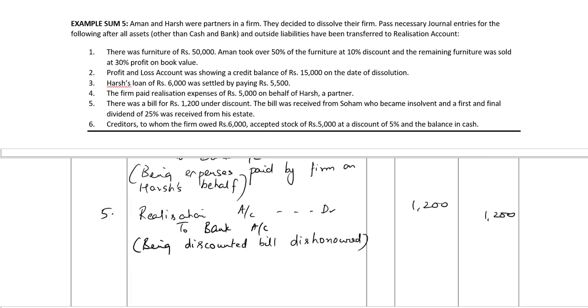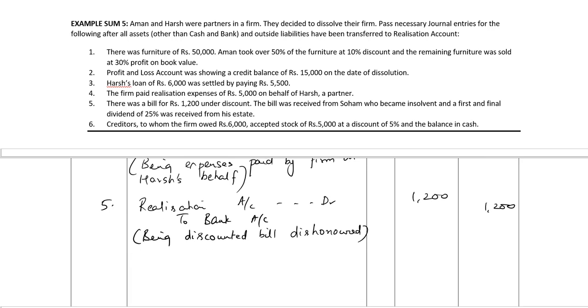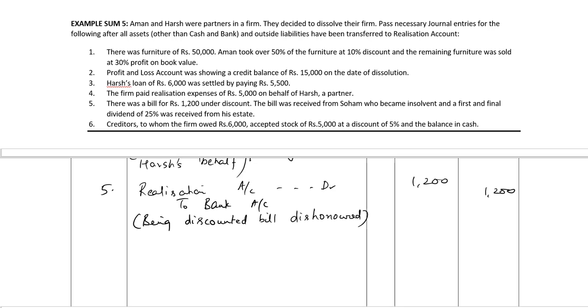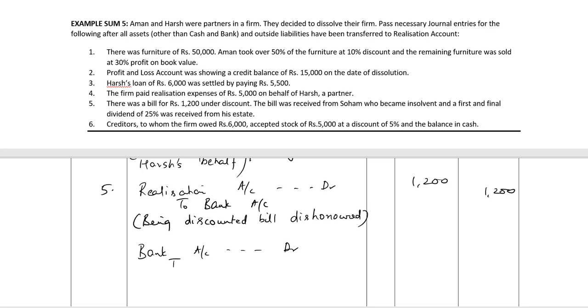Next part of the question, we are receiving a final dividend of 25% from Soham's estate. So bank account debit to realization account. Amount 25% of rupees 1,200, or in other words 300 rupees.